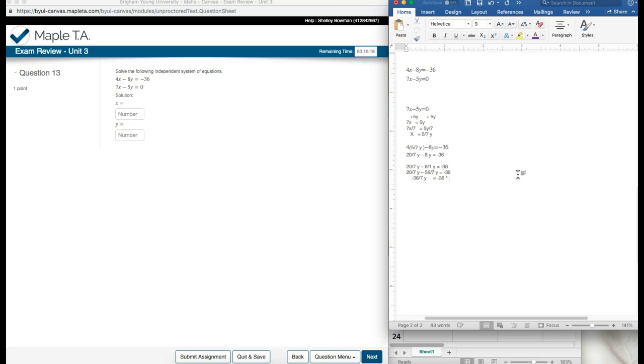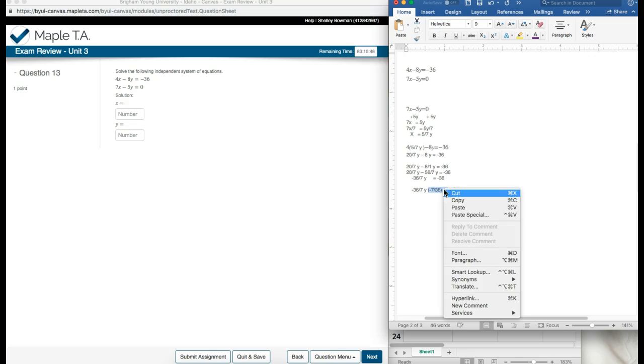So we'll copy and paste this down and multiply both sides by negative 7 over 36. And you can see if I do it on this side that the 7s will cancel because I have one on top and one on bottom, and the 36 will cancel, one on top, one on bottom, or you can think 36 divided by 36 and 7 divided by 7, so I'm left with y.